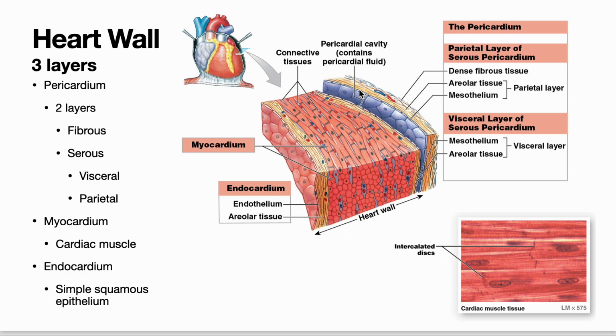Our middle thick layer is going to be the myocardium, consisting of cardiac muscle. And remember, cardiac muscle underneath the microscope has some unique features. For one, it is striated tissue. And also the cells tend to be branched, and they have singular large nuclei in them.